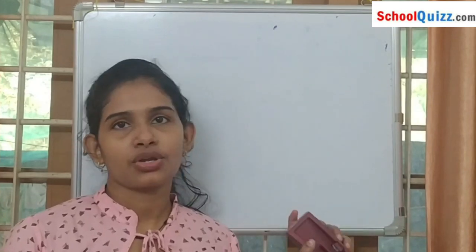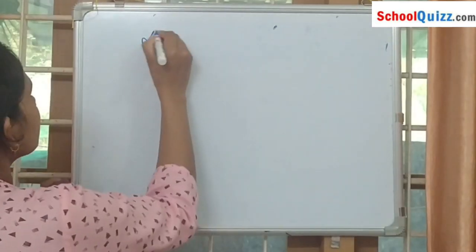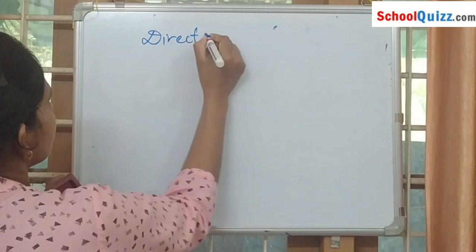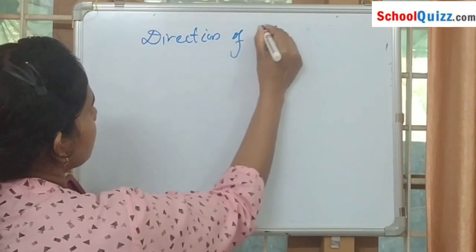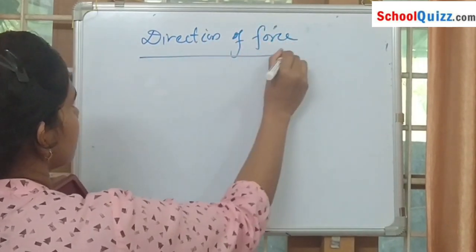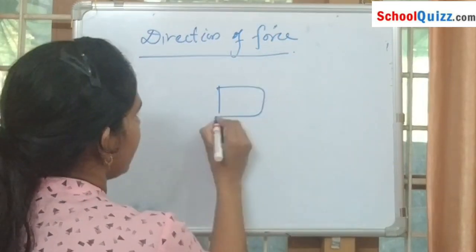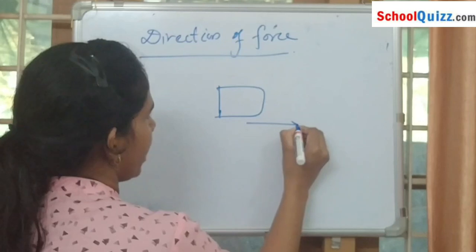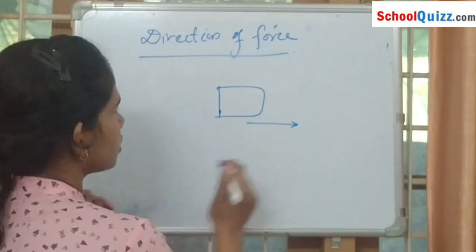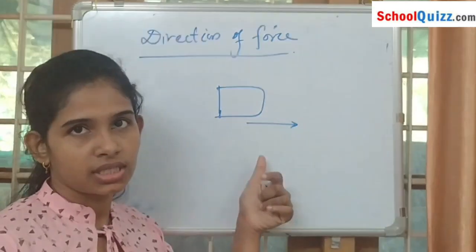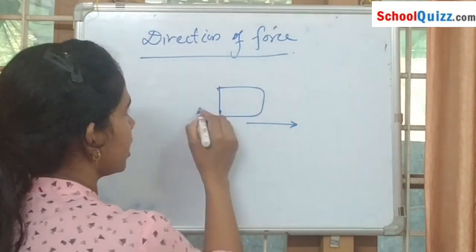Next is direction of force. If we apply force in this direction towards right, then what is the direction here? Direction of force here?